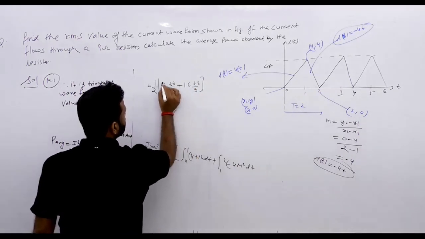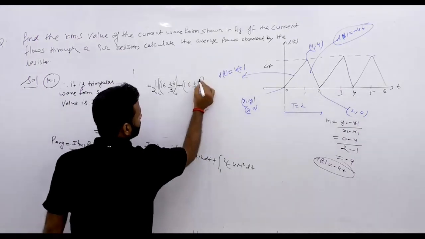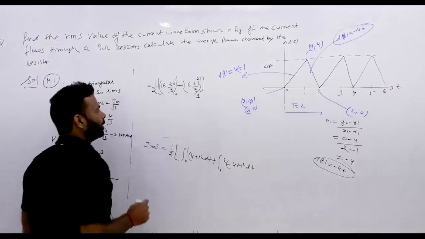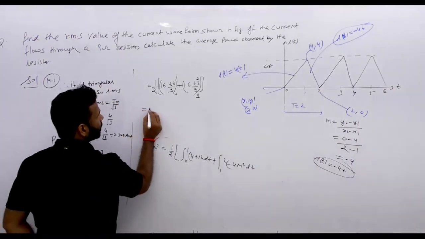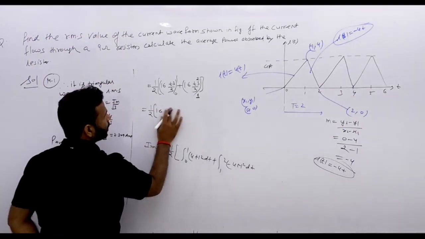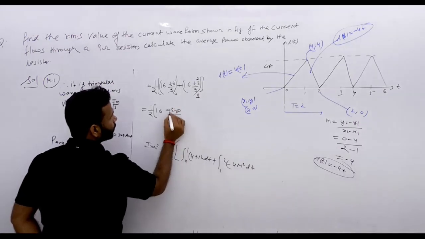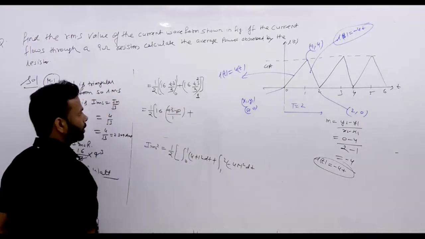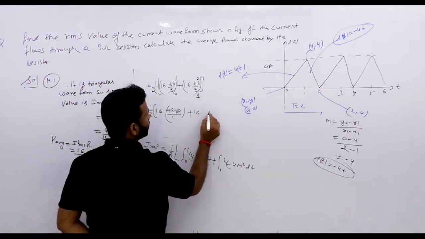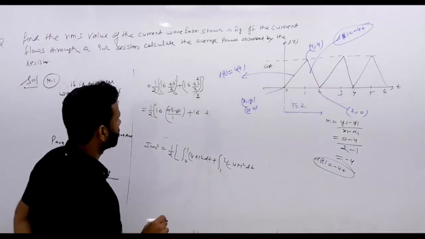And the limit for this is from 0 to 1, and for this the limit is from 2 to 1. Agree? Now so it is 1/2. Now if you put the limit, 16 into 1 cube minus 0 upon 1, this is the first part. Then 16 is separate, and we have 2 minus 1, that is 1.